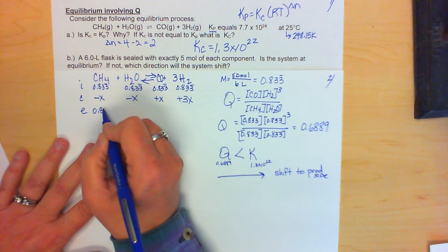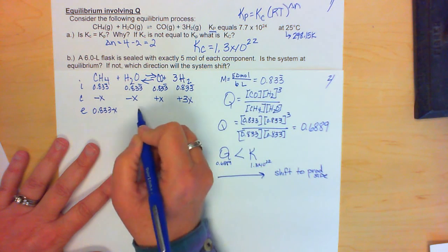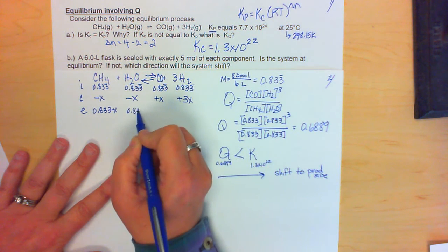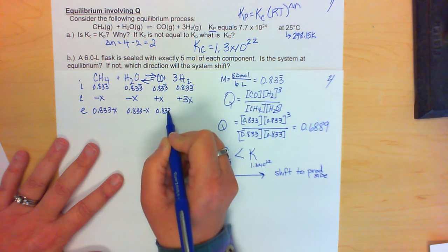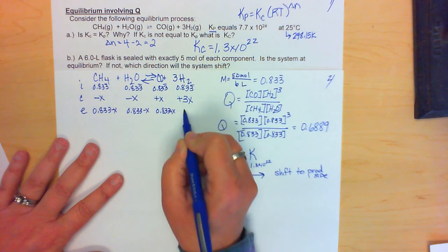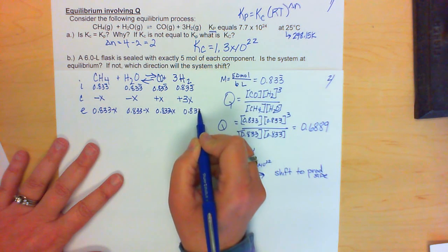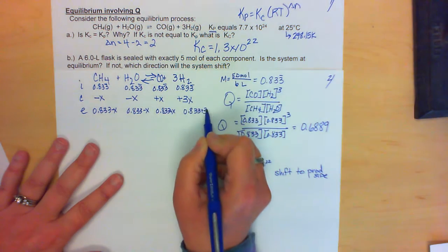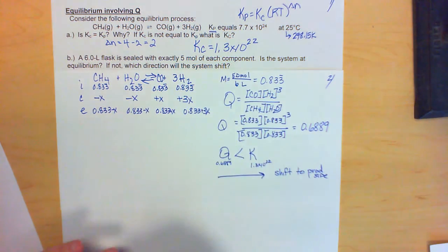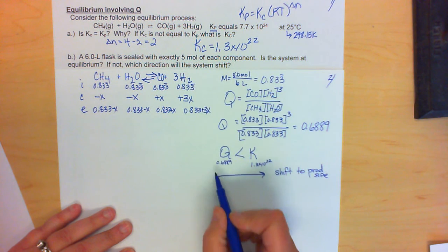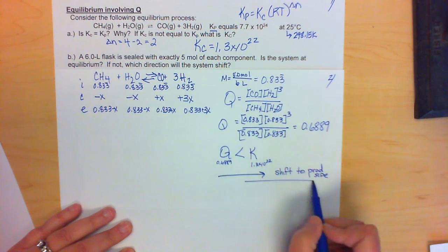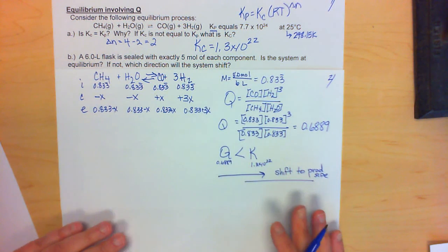So we have 0.833 minus X, 0.833 minus X, 0.833 plus X, and 0.833 plus 3X. So we've completed our ICE table, which technically got us where we needed to go with B.